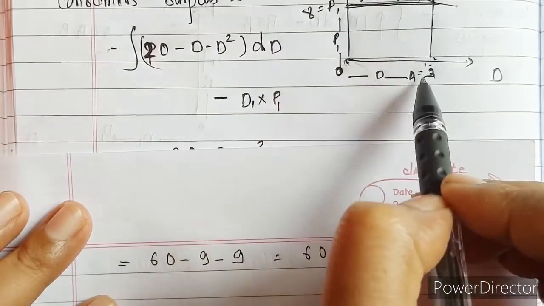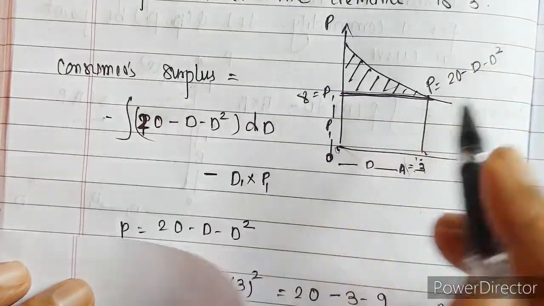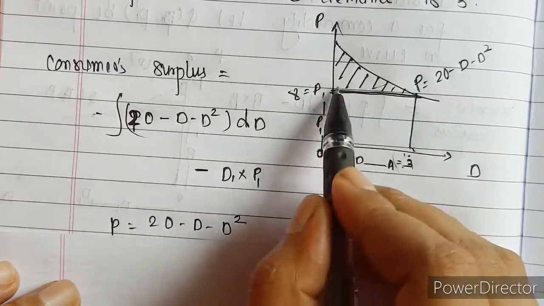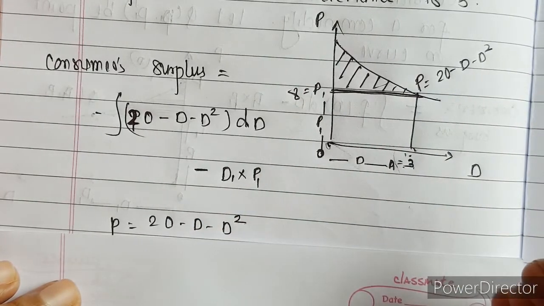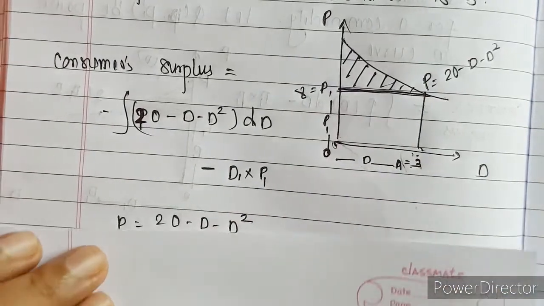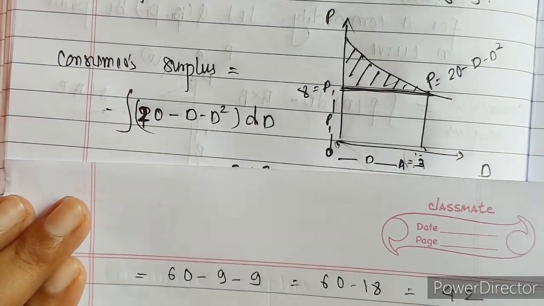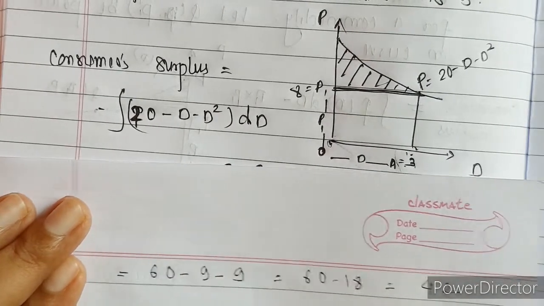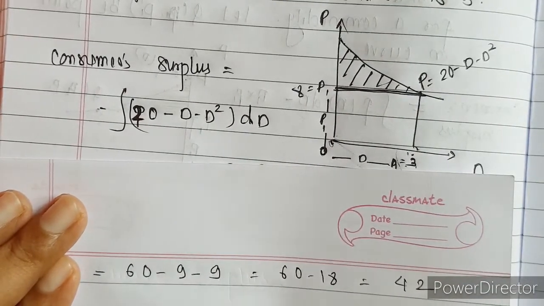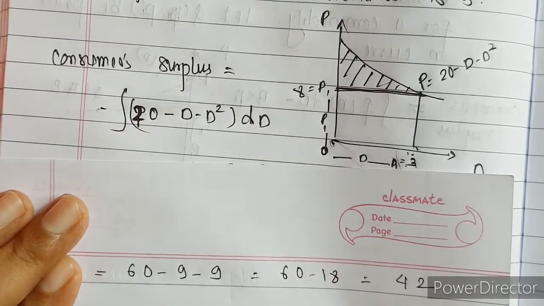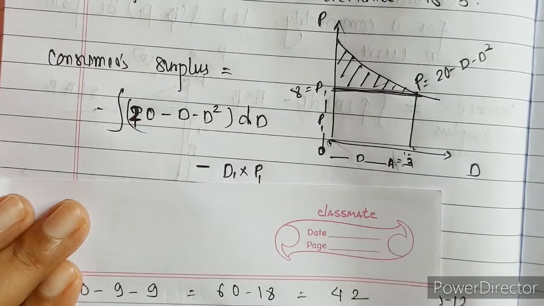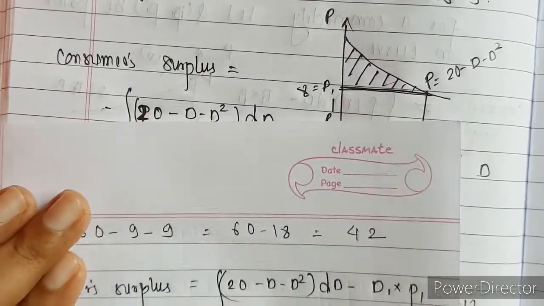Now we have the area under this curve as well as the area of the rectangle. From this 42, we subtract the area of the rectangle, which is 24, so we can get the consumer surplus. Consumer surplus is the area under the curve minus the area of the rectangle, D1 into P1.